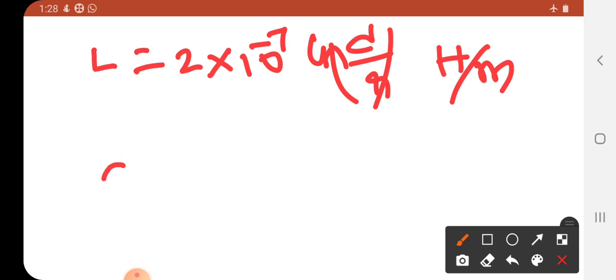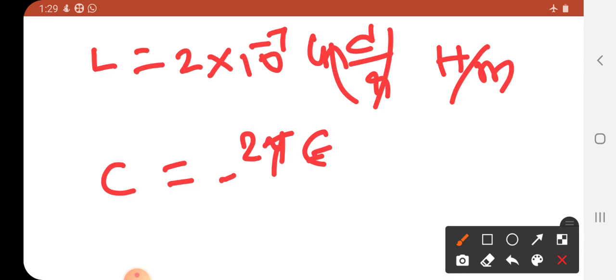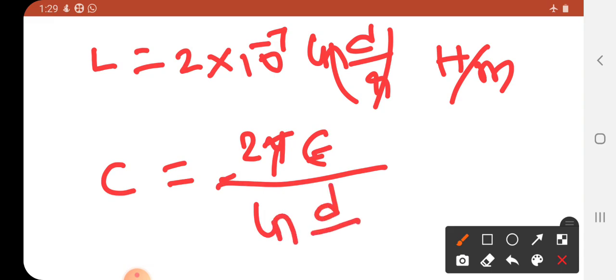And similarly, what is C? C is equal to 2 pi epsilon divided by ln d by r. So now we substitute L and C in the velocity equation.